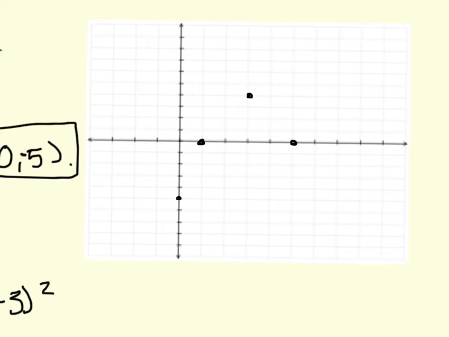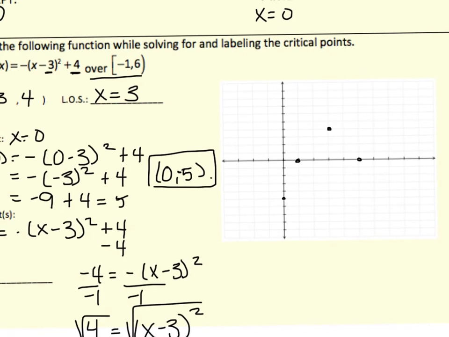Okay, now the last part is this bound, negative 1 to 6. So what I'm going to do is substitute in those values and figure out where the function is at those points. So these are x values. So I'm going to put in negative 1 for x.